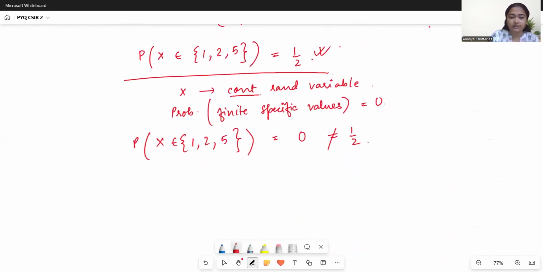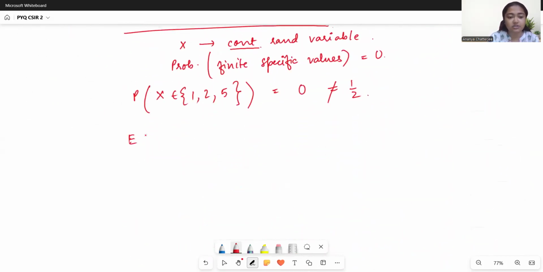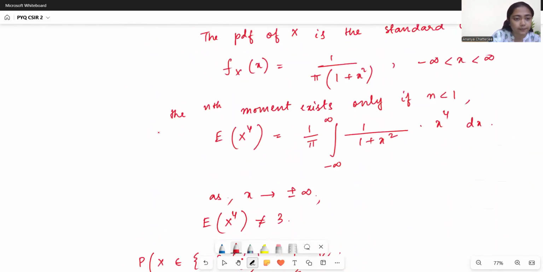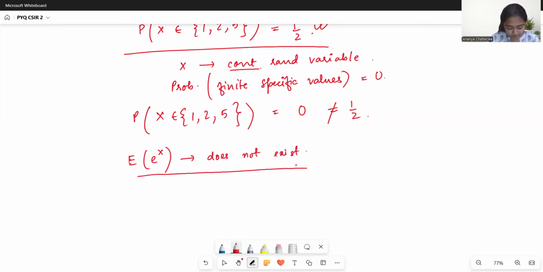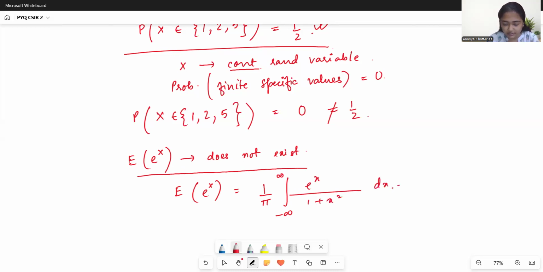Okay, let us check that. Expectation of e to the power x can be written as 1 by pi times the integral from minus infinity to infinity of e to the power x by 1 plus x squared dx.